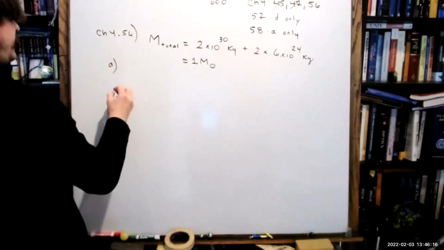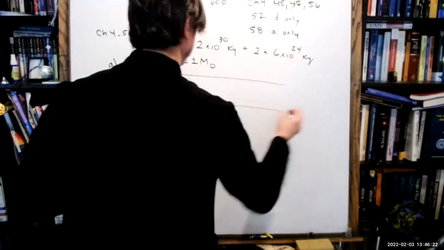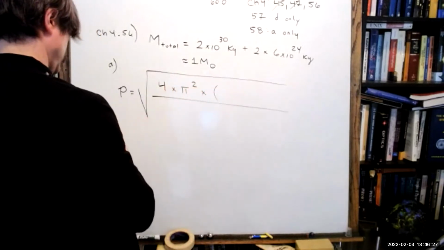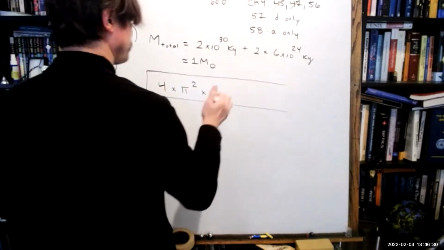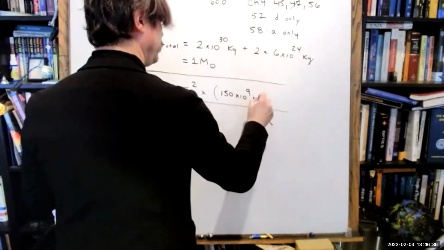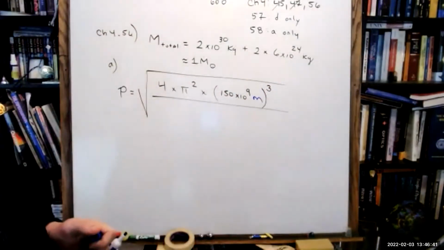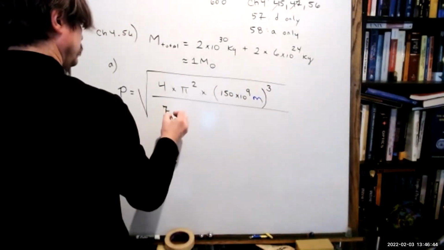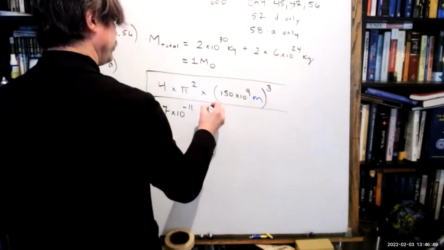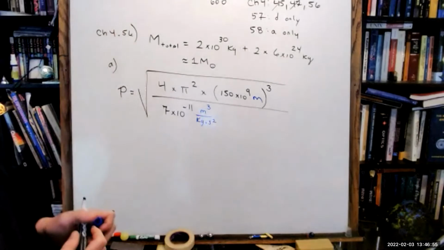All right, the period, make a nice big neat square root, 4 times pi squared times open parentheses 150 billion meters cubed to the power of 3 divided by big G, 7 times 10 to the minus 11 meters cubed per kilogram per second squared.